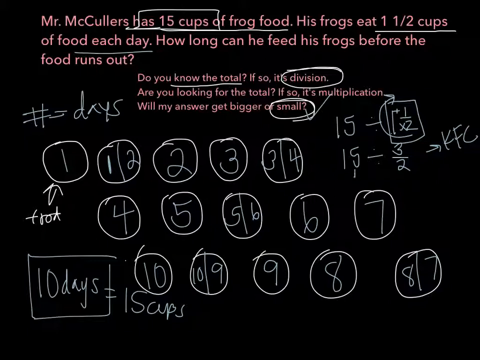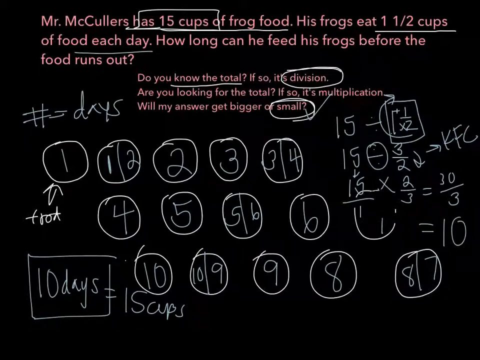So I'm going to keep 15. I'm going to flip 3 over 2 to 2/3, and division changes to multiplication. And the last step is to put a 1 under my whole number. 15 times 2 is 30. 1 times 3 is 3. And 30 divided by 3 equals 10. So it is correct with my algorithm.